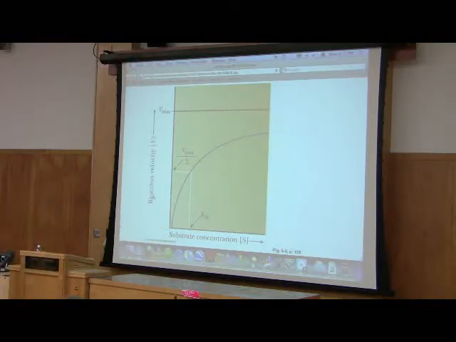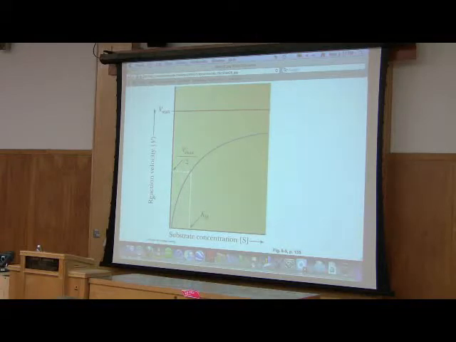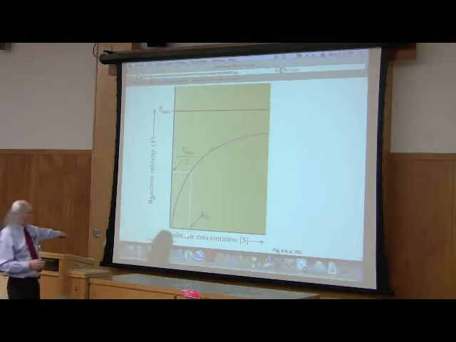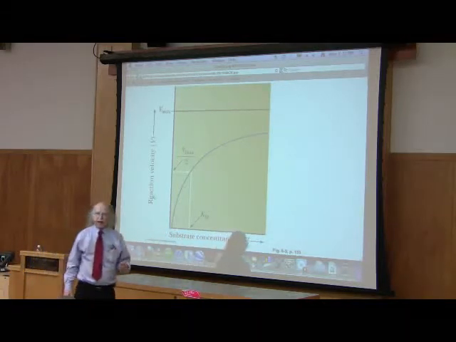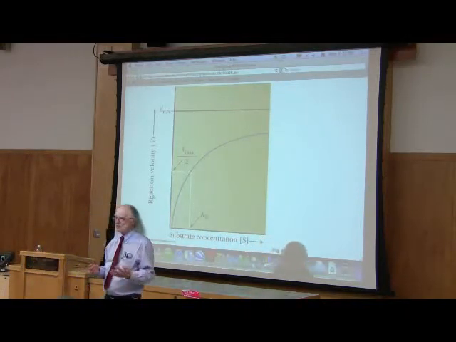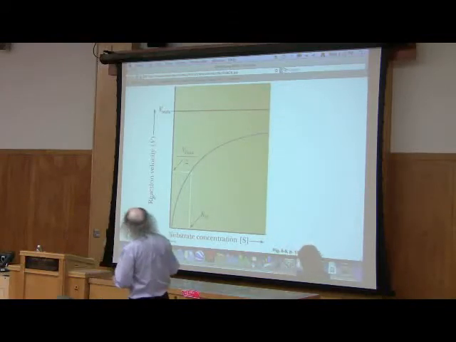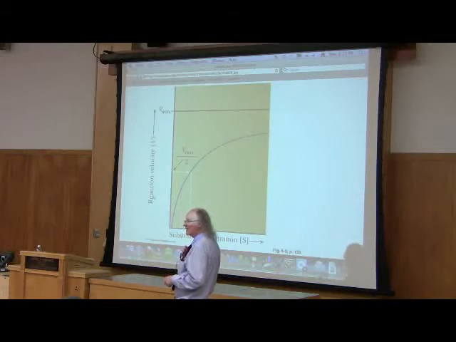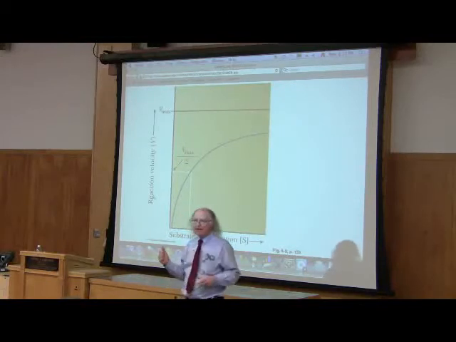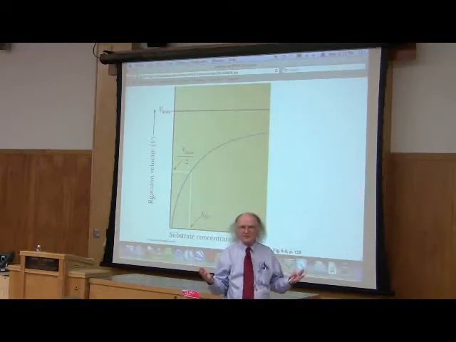Vmax, remember, measures velocity. It doesn't measure how much the enzyme wants. It might take a ton of substrate to get up to Vmax. Okay? So it's very hard to compare the amount of substrate it takes to get to Vmax to give me any useful information, because in both cases it's going to take a ton. However, to get halfway there, it's not so difficult, because the enzyme is not overloaded with substrate.